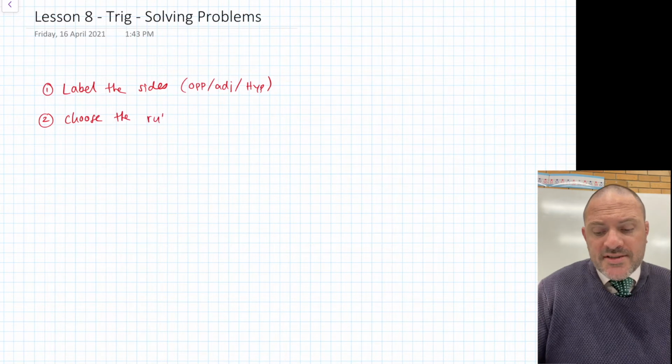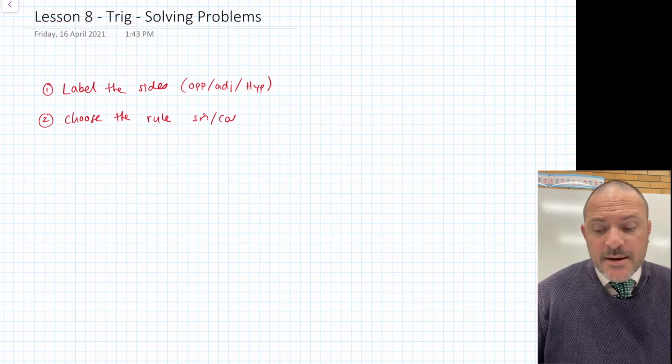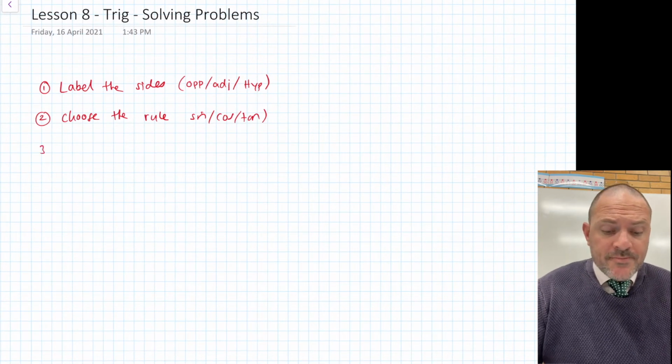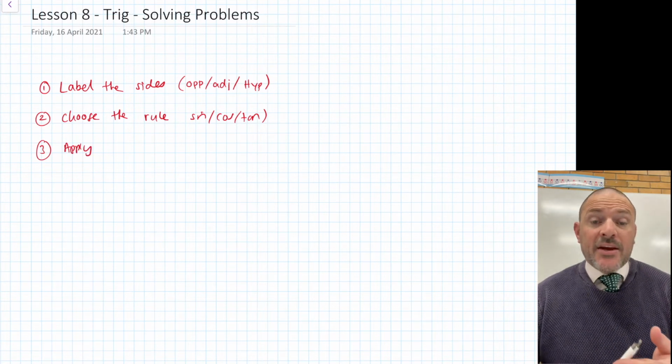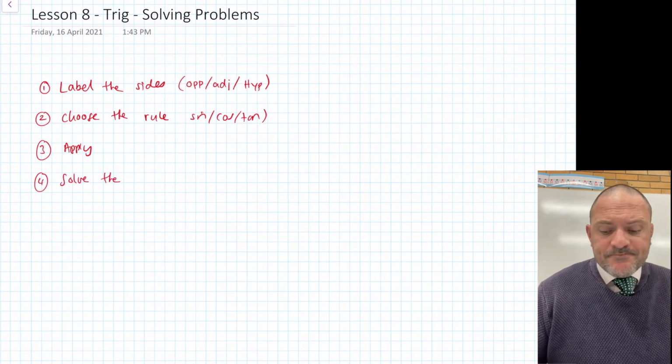When I say rule, it's more ratio, but that's my sine, my cos, and my tan. Once I've chosen my correct rule, we want to then apply the rule to the question. So we sub in the values, the angle, and the two sides. And the last part is to solve the equation.